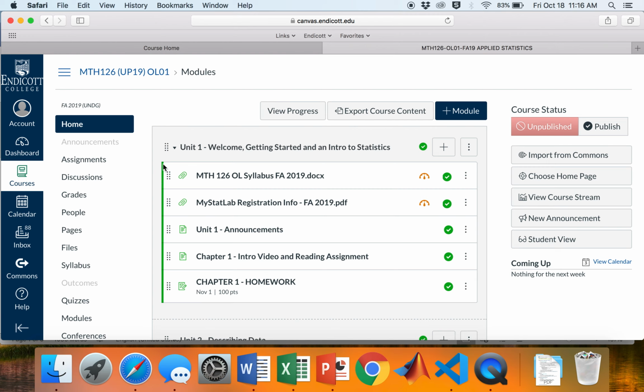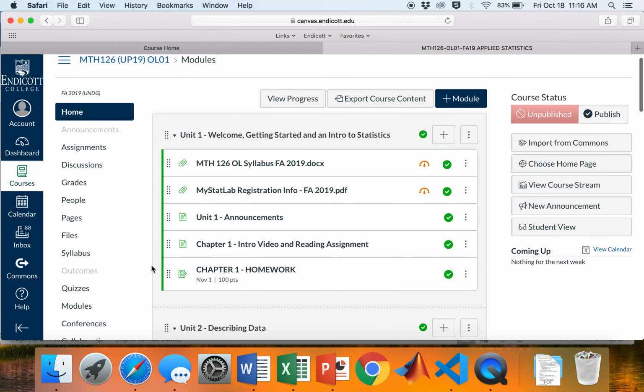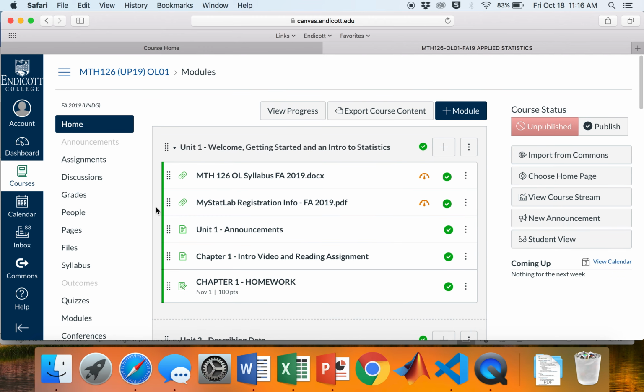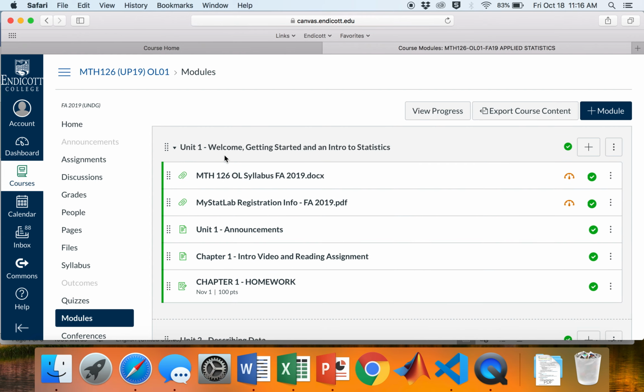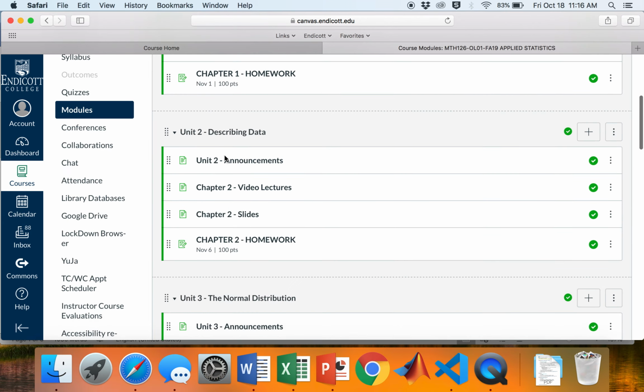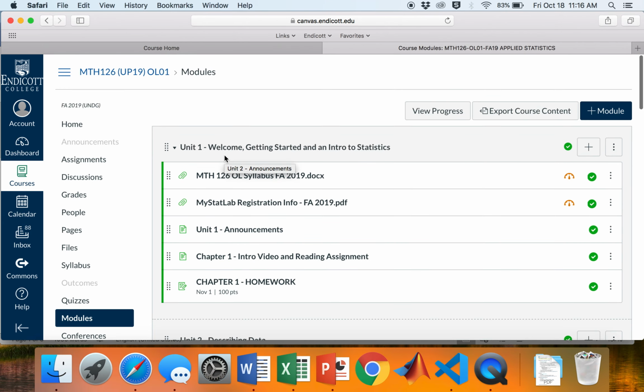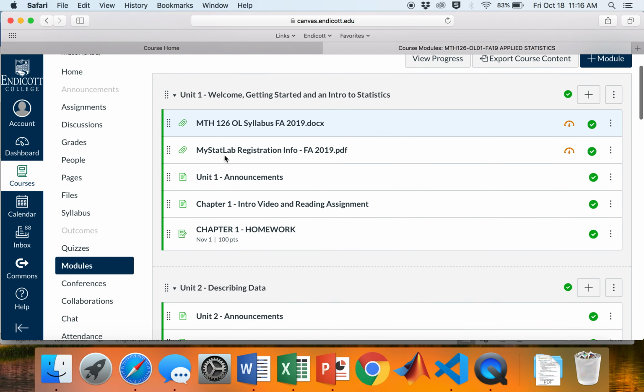video. But in terms of the layout, the content is organized into modules. If your screen, when you come into our course, doesn't look like this, click on modules over here on the side, and it should make it look like this, which is probably a good general place to always go when you come in here.